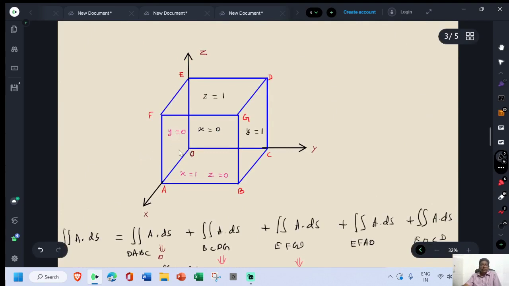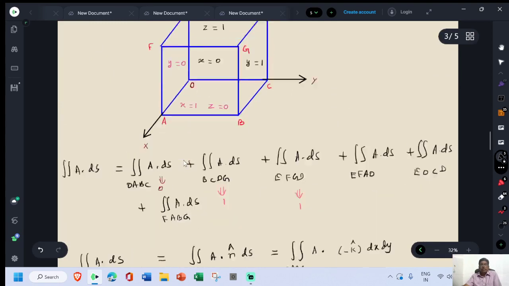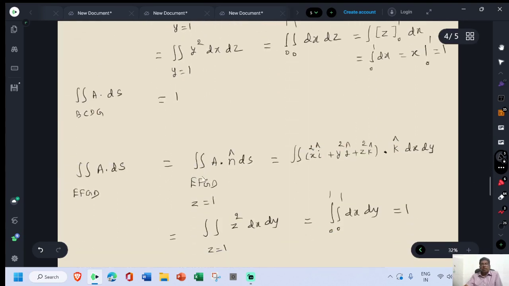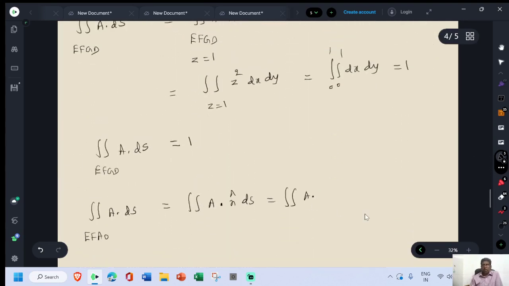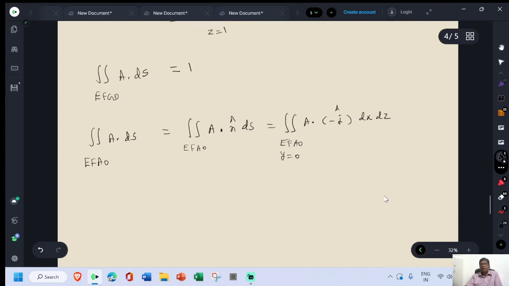So n cap is opposite to this y component, and its value is minus j. Therefore, we have to integrate with respect to dx and dz. The value of dS is dx dz.